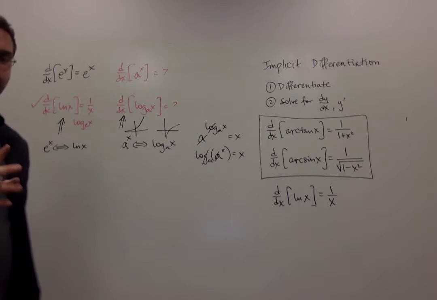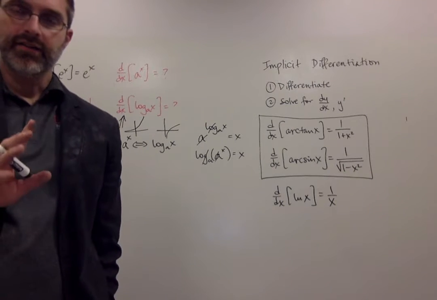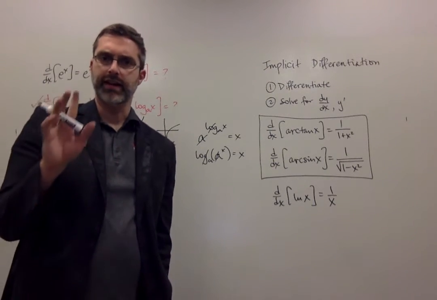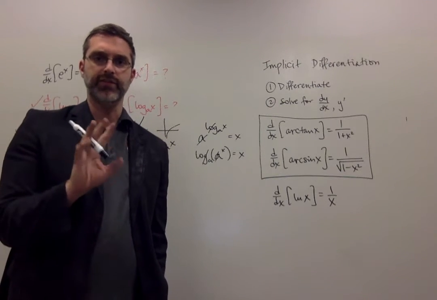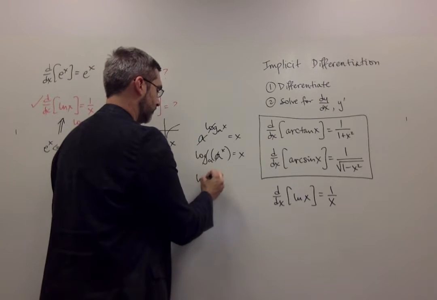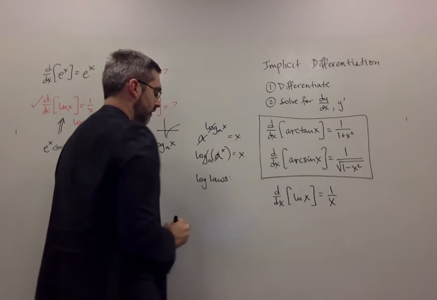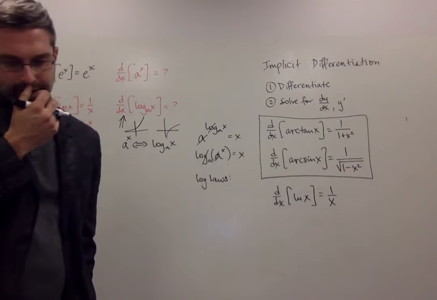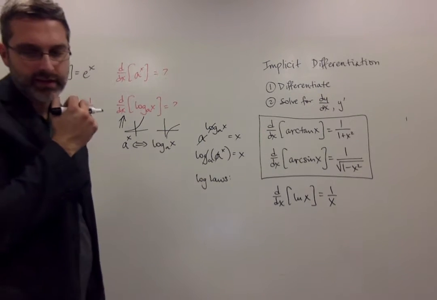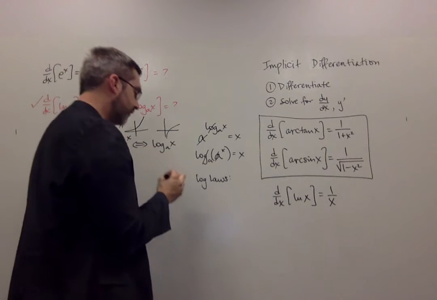The second thing I want to remind you briefly of are a few laws that we had for logarithms. I think I reminded you of these when we first did logarithms. We had these log laws. I think I gave you 4 of them.